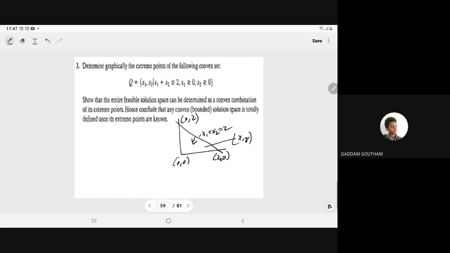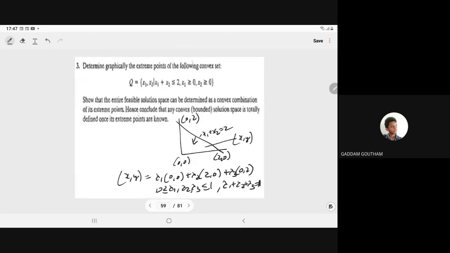If you take an arbitrary point x comma y, it can be written as a convex combination of the extreme points, with lambda 1, lambda 2, lambda 3 all lying between 0 and 1, such that lambda 1 plus lambda 2 plus lambda 3 is equal to 1.